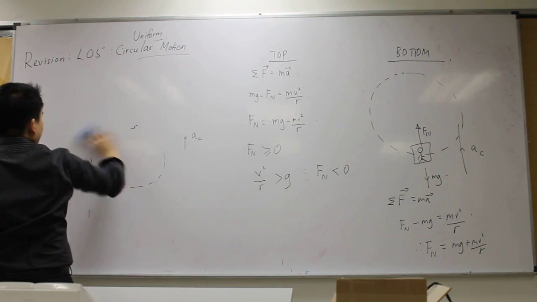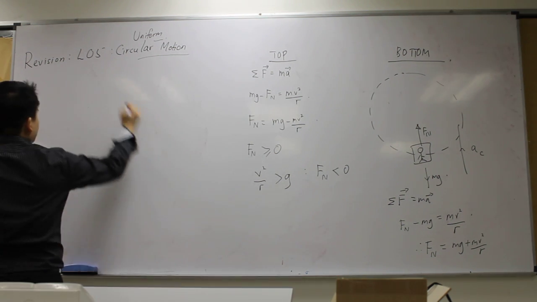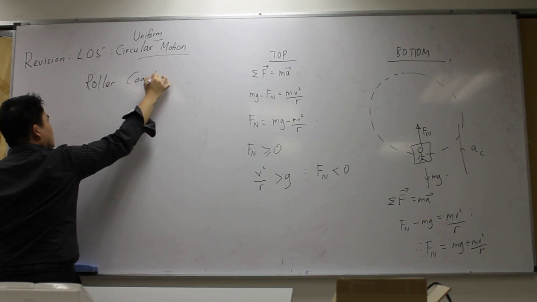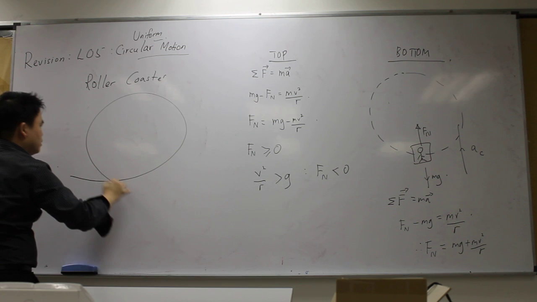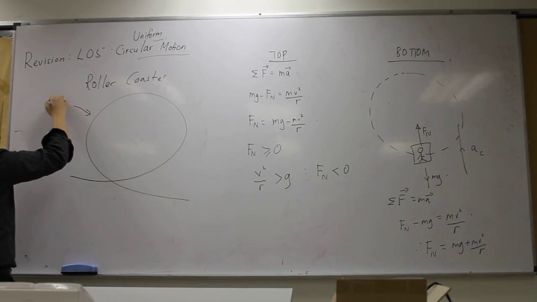So the next example I will give you is on the roller coaster. Let's say a roller coaster is designed in such a way where this is a circle, a vertical circle.